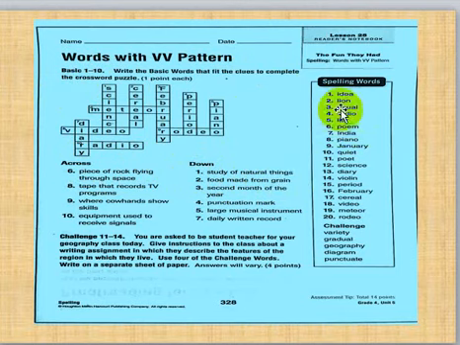I want one word from these words that means the study of natural things. It's what? Yes, science. Science, down. So down means from up to down.